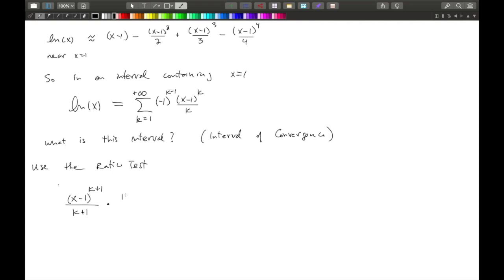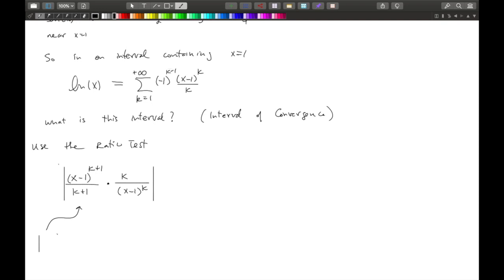That's because we're applying the ratio test, which is dividing by the kth term, and taking the absolute value. This is the absolute value of a sub k plus 1 over a sub k, where a sub k is the kth term of the series in question.